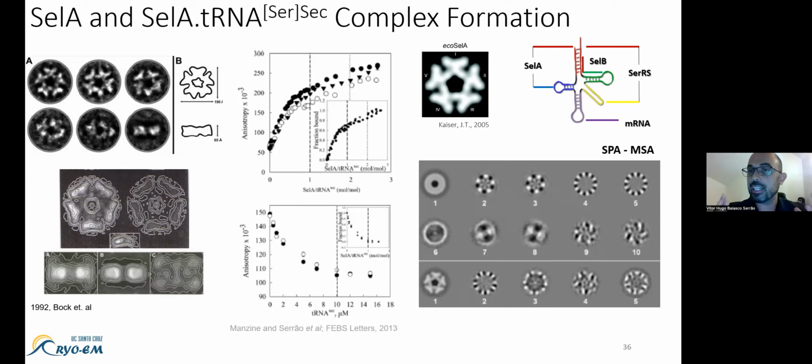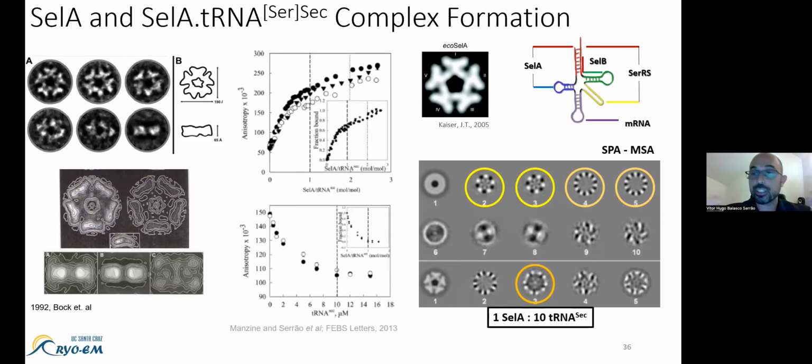Because a tRNA is intrinsically not symmetrical, which means any odd number that binds to the binding sites of SelA that is not like 1 to 5, for example, might break the symmetry. But once we looked at the symmetry around, the symmetry was preserved. And then after aligning those particles, we can actually count 10 of the dots, which means the symmetry actually now agreed with what was previously reported by in-solution studies of having 1 SelA to 10 tRNA Secs, using exactly the same method as before, just doing a slightly different analysis.